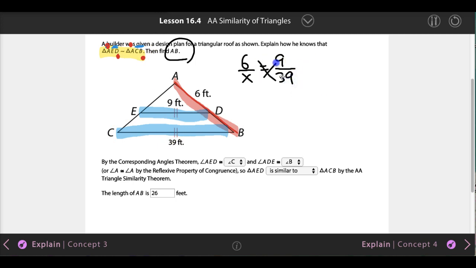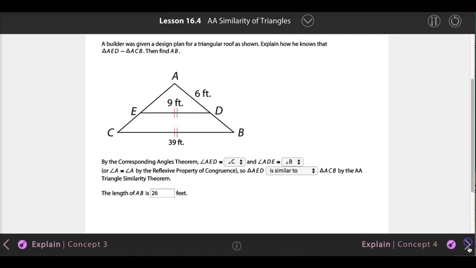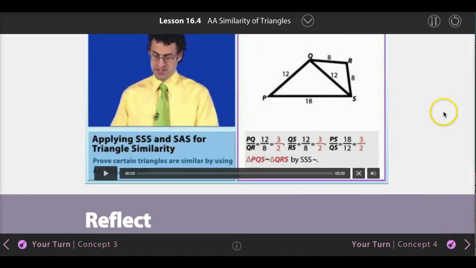So then from here, again, too easy, just cross multiply. So when you divide both sides by 9, you'll find out that the answer is 26, because 6 times 39 is some random big number, and then you divide by 9 and you'll get 26, and that is the correct answer.